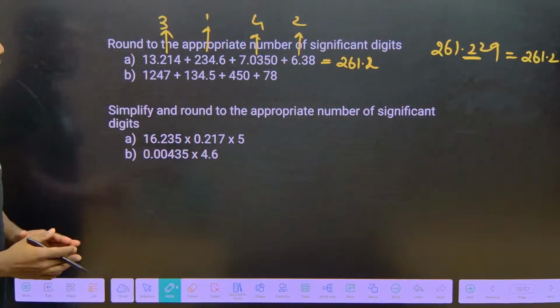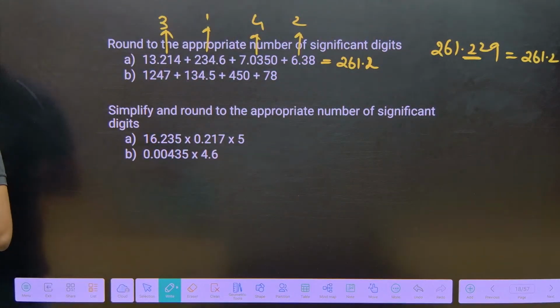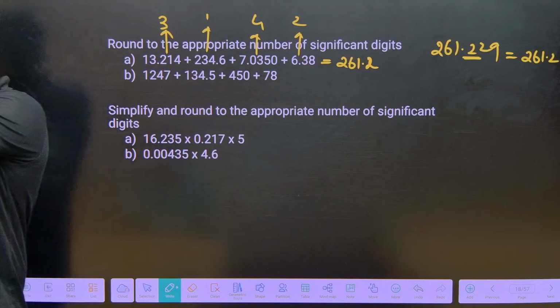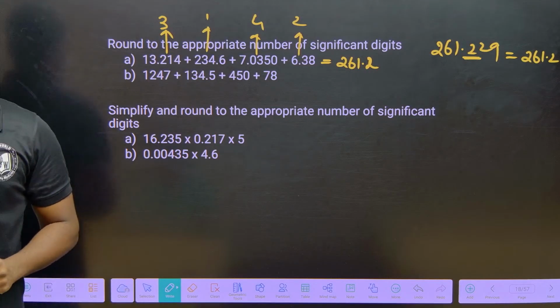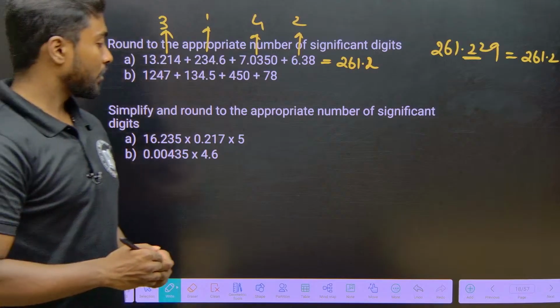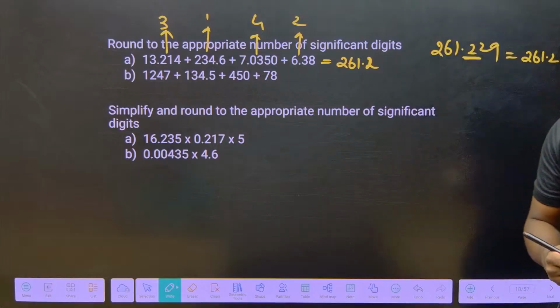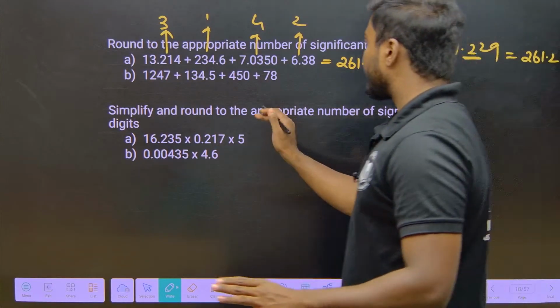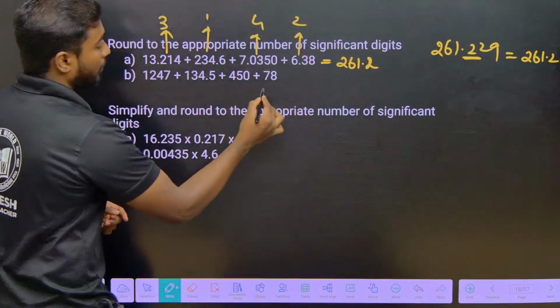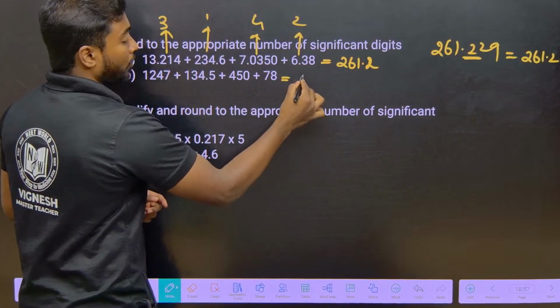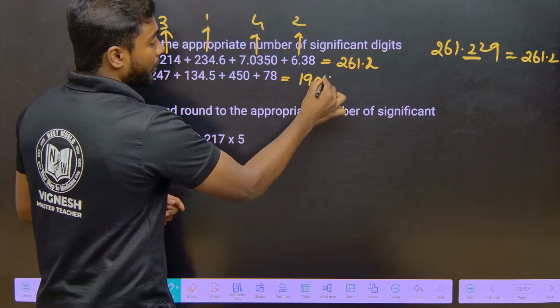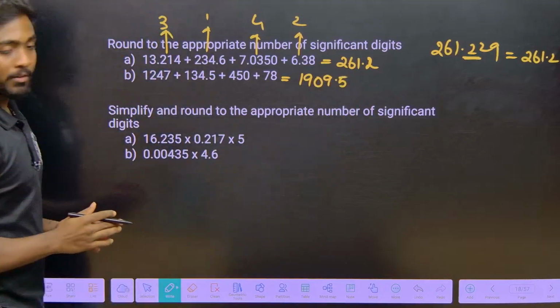What about the second one? The total answer is 1909.5.